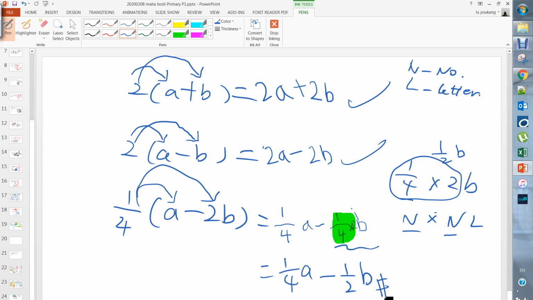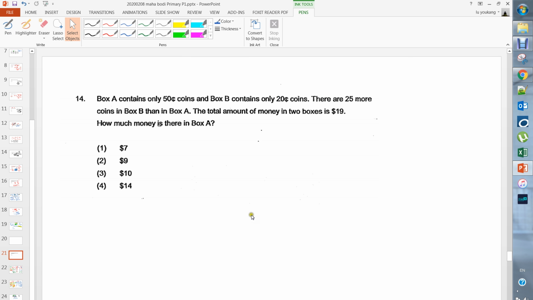Okay? Good. So let's look at the question itself. It says box A and box B. Box A contains only 50-cent coins.